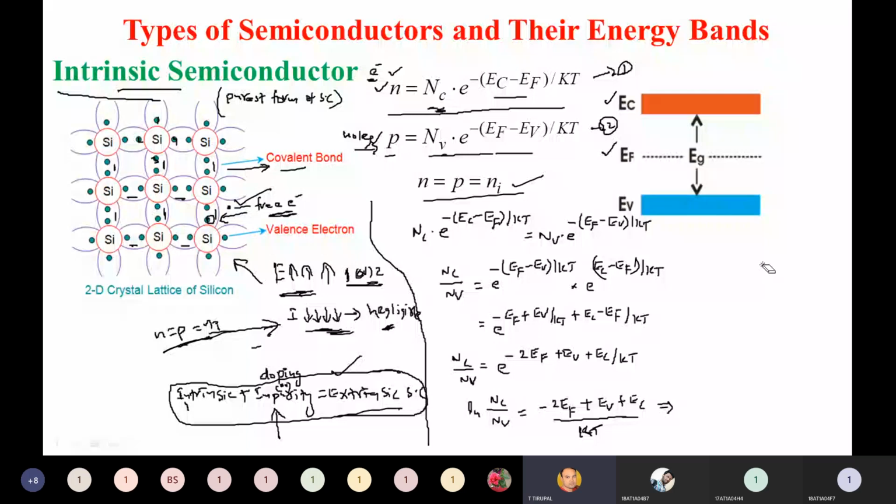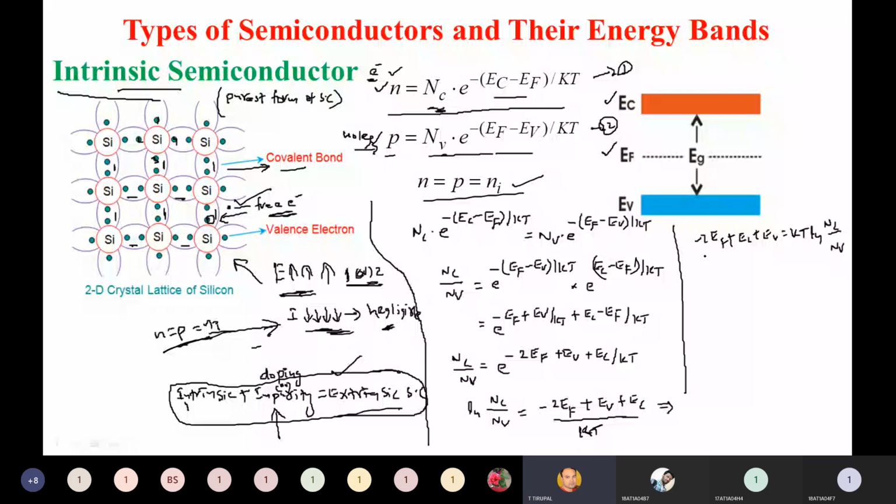Minus 2Ef plus Ec plus Ev is equal to kT ln Nc by Nv.